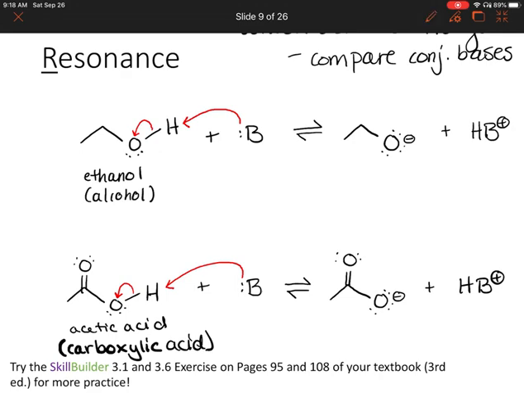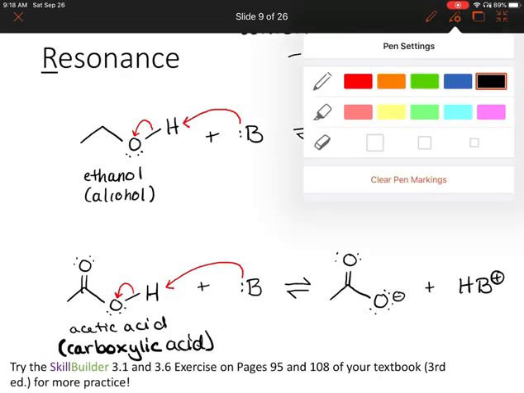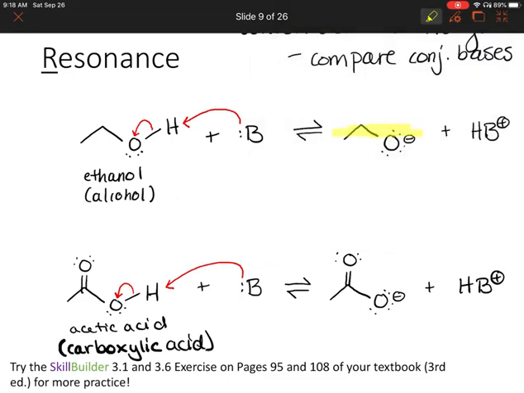Okay, so if we look at our conjugate bases, so we'll highlight those. They both have negative charges, so we cannot determine their stability based on charge. They both have the same atom there, oxygen, and carbon, so we can't really compare based on atoms.